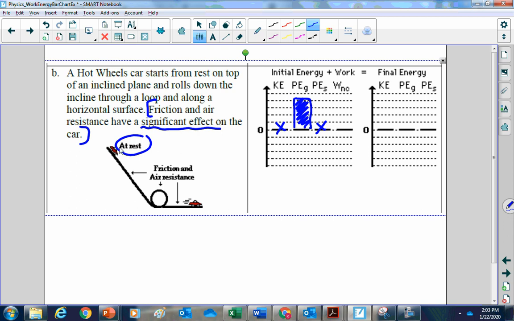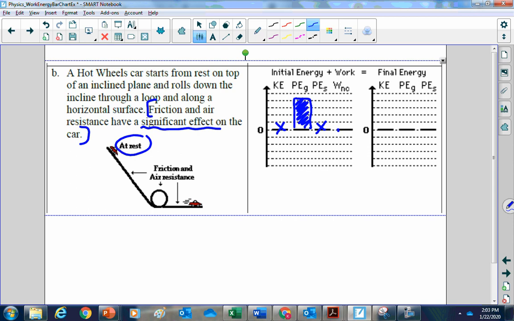But since friction and air resistance are interfering with the car on its way down, then those do negative work on the car and take away some of the energy that it could have had at the bottom. So I don't really know how much I should draw, but I know it's negative. So you can choose.